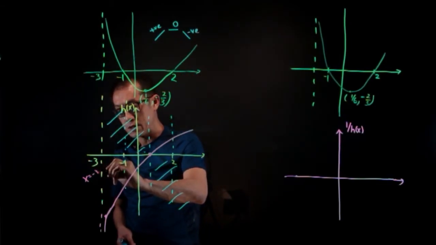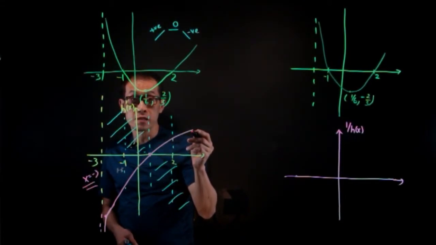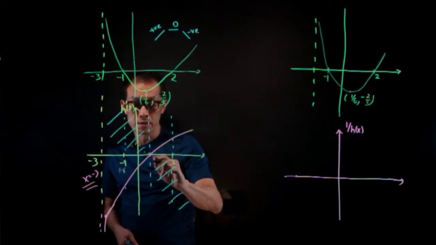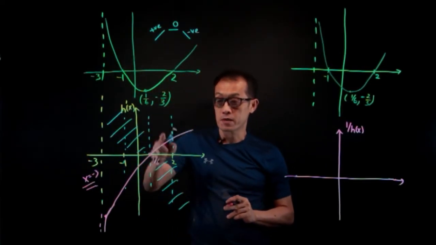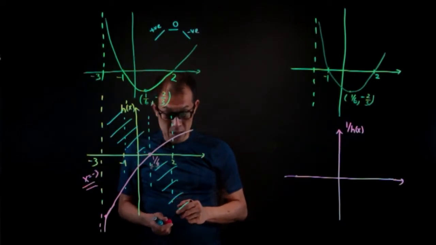So this is an asymptote. Now this part will be 1/6. Alright, the x coordinate is 1/6.